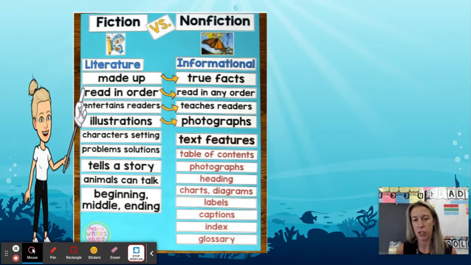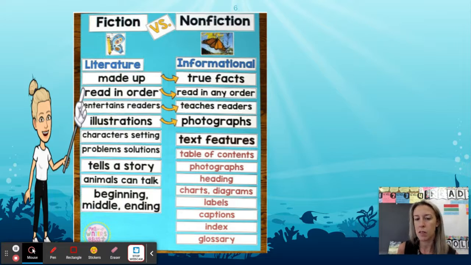Fiction versus nonfiction. You might have started to already think about the difference between fiction and nonfiction when I mentioned that we are going to be reading nonfiction. In nonfiction, we're going to be reading true facts. We can read it in any order. It's going to teach us something. We want to become an expert on a certain topic.